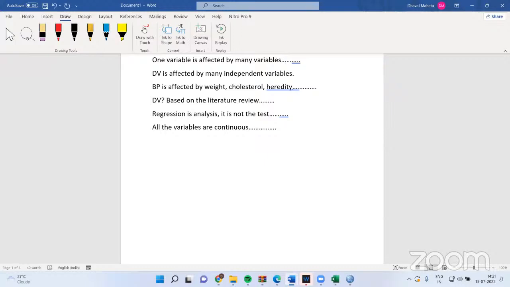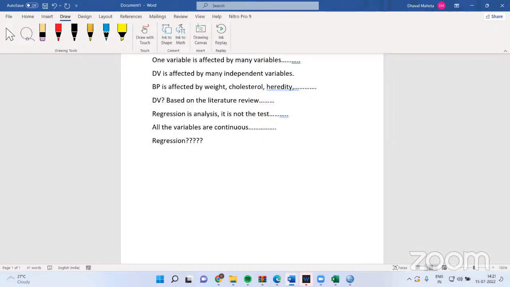Now, my question to all of you is, why are we running regression? Sir, it is multicollinearity. That's why regression, the correlation cannot be done here. No, no, why do we run regression? Sir, to see the effect of the independent variable on the dependent variable.